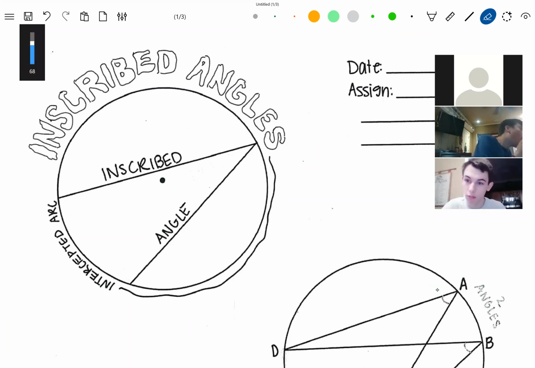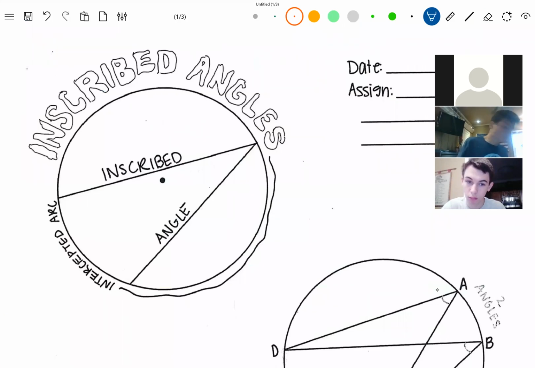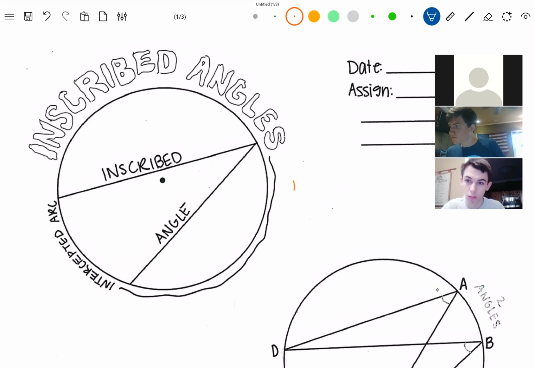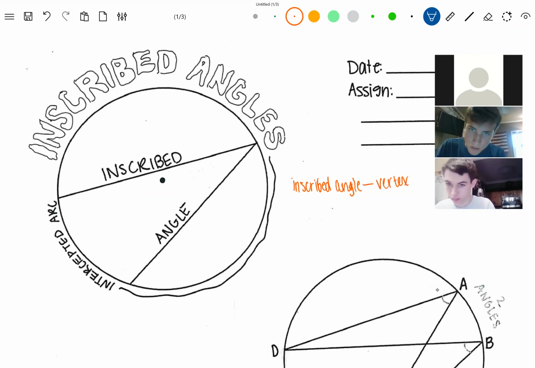Okay, so an inscribed angle. Notice where the vertex is. The vertex is on the circle instead of at the center.